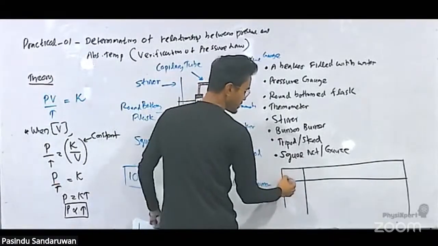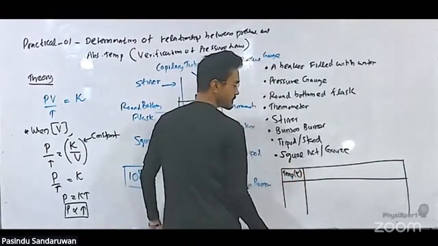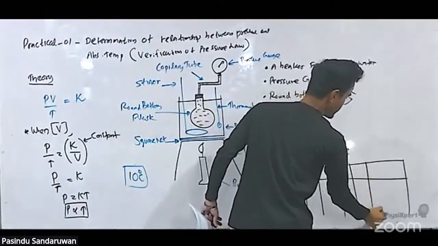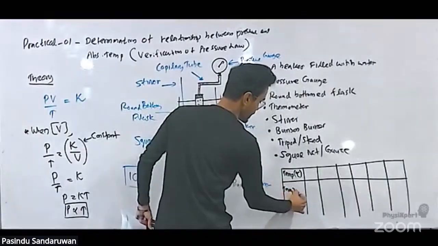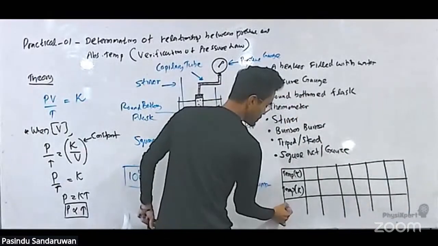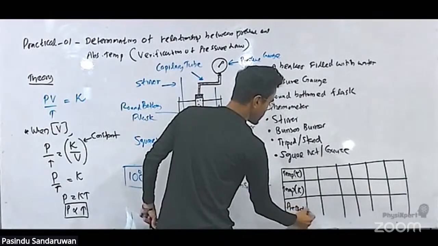This is the thermometer reading, temperature in degrees Celsius. We take readings like this, then convert them to kelvins, temperature again in kelvins, and the respective pressure P. These are the only readings we need.